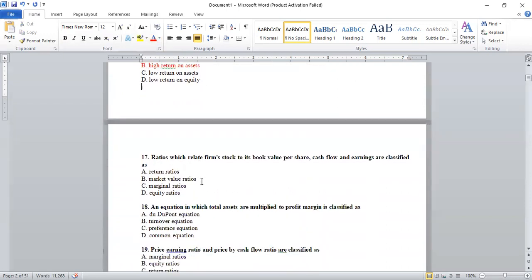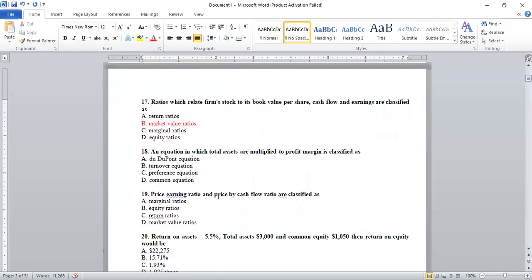Next, ratios which relate a firm's stock price to its book value per share, cash flows and earnings are classified as market value ratios.